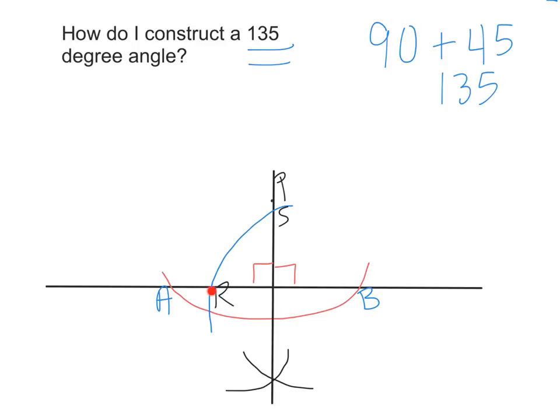Now with our pin at R, we're going to make a circle around R. And with my pin now at S, without changing the size, I make a circle around S, and they'll intersect somewhere. If you do this nicely, again, keep in mind I'm just doing this by hand so you can get the general idea.